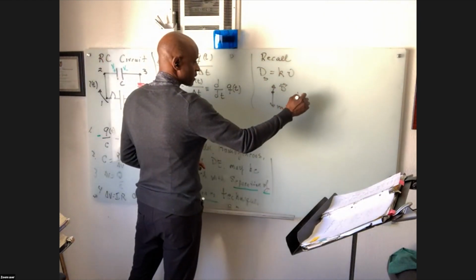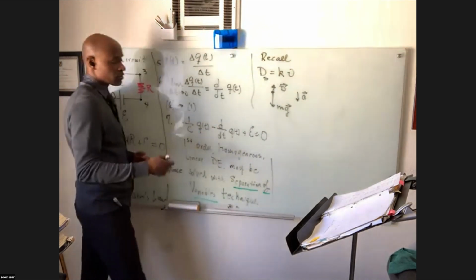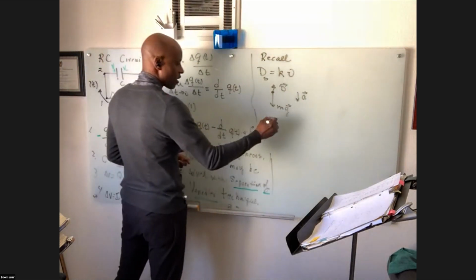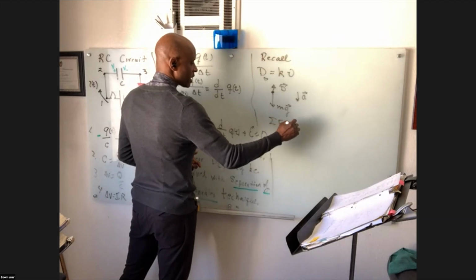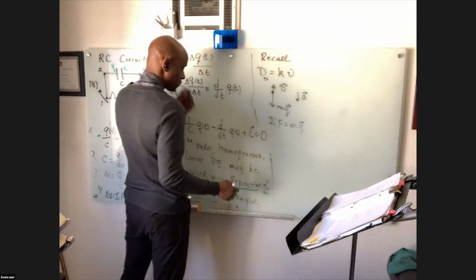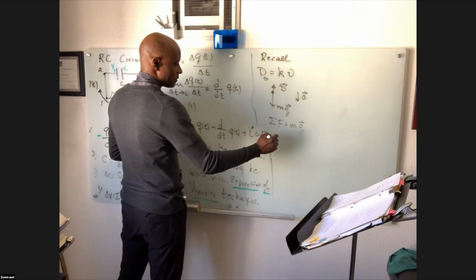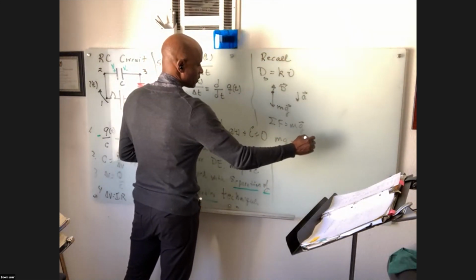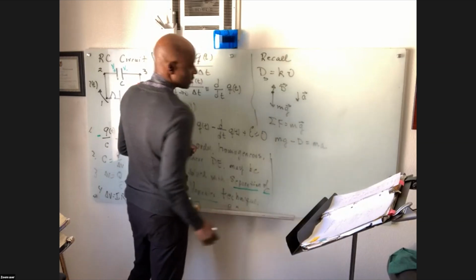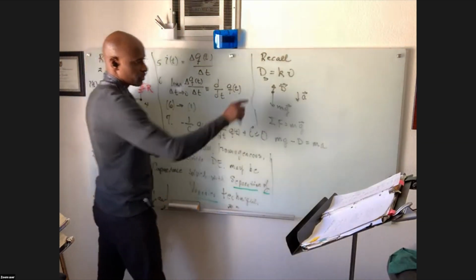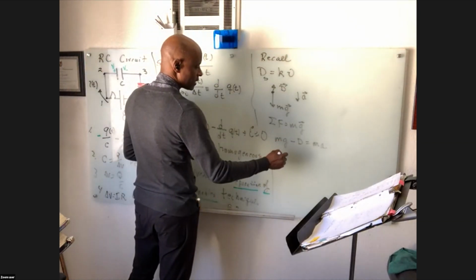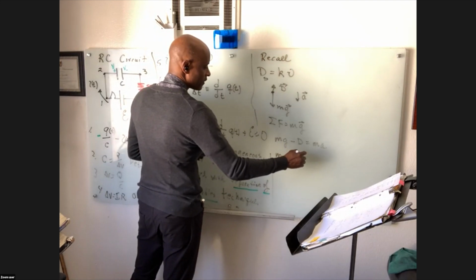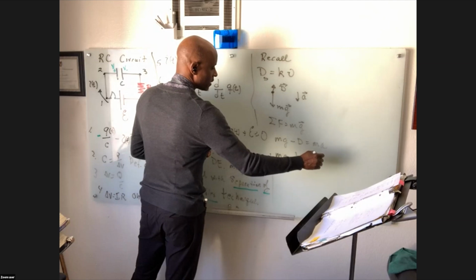Applying Newton's second law, net force equals mass times acceleration, so mg minus drag equals ma, and with drag, mg minus kv equals ma.